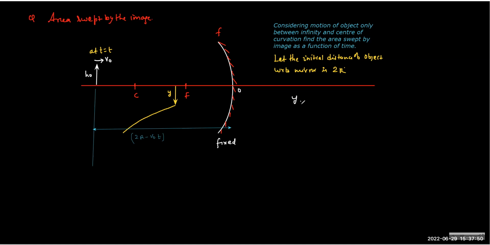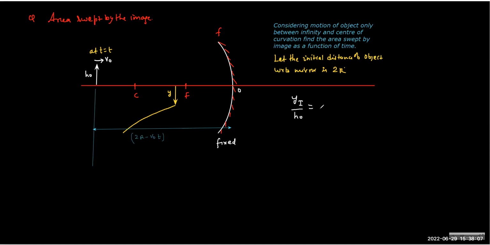So the height of image upon the height of object equals minus v by u, or you can say f upon f minus u.